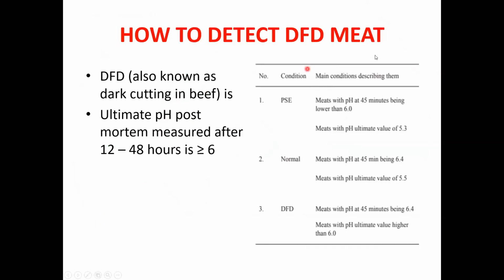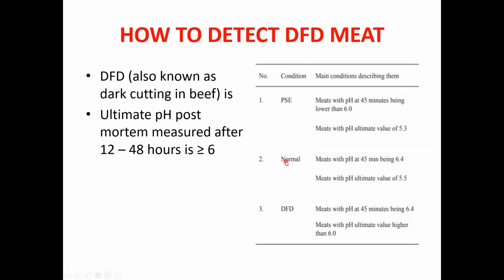So how to detect DFT meat? Already I told you, by the color we can see, and another simple way is by measuring the pH. Even after 12 to 48 hours, the pH will be more than 6 in such type of meat, which is DFT meat. In normal meat, the pH at 45 minutes after slaughter will be around 6.4.